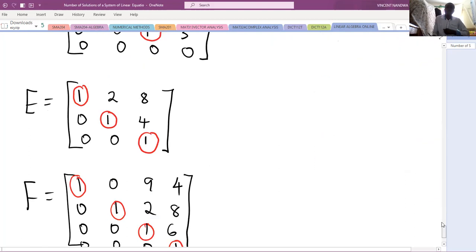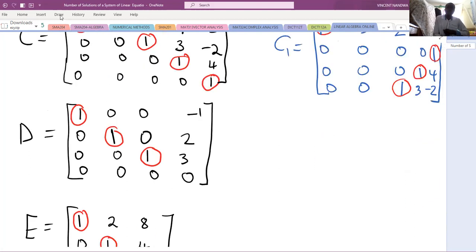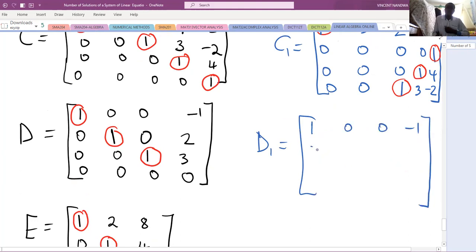You can also give a known example, like for D. Say I have a matrix D1 given by 1, 0, 0, -1, and then 0, 0, 0, 0, and then 0, 1, 0, 2, and then 0, 0, 1, 3.